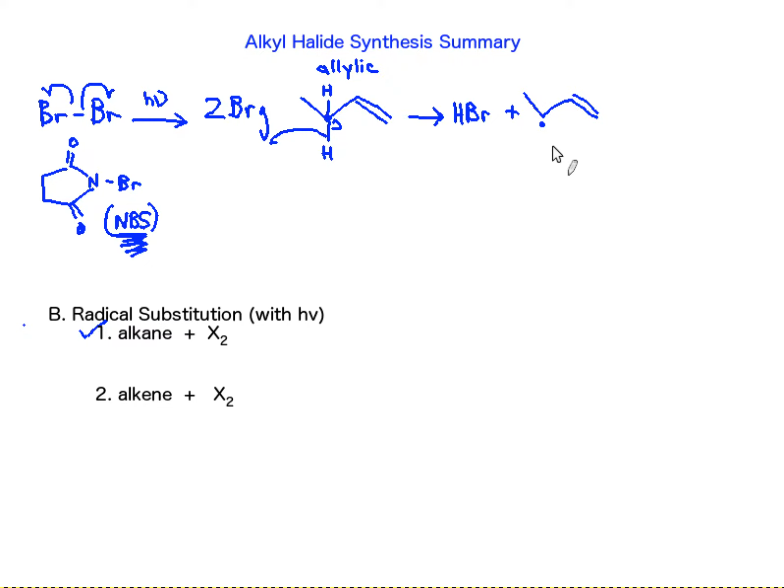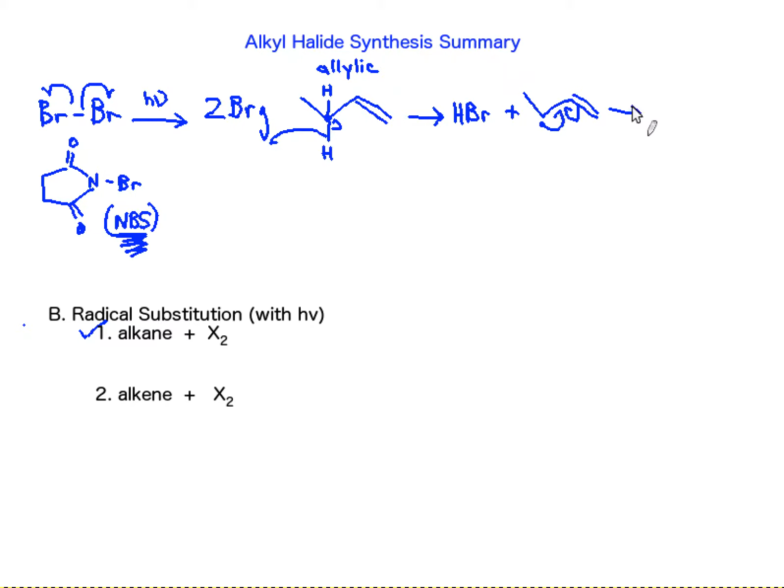So the reason why this happens often is because this allylic radical is more stable than other radicals. The reason why it's more stable is because it's stabilized through resonance. That means we should be able to draw a resonance structure for this intermediate, and we can. One of the electrons from this double bond can come in between these two carbons to join the radical electron.